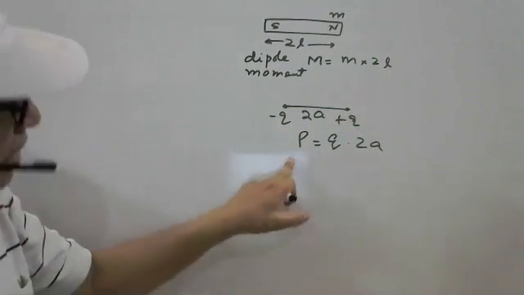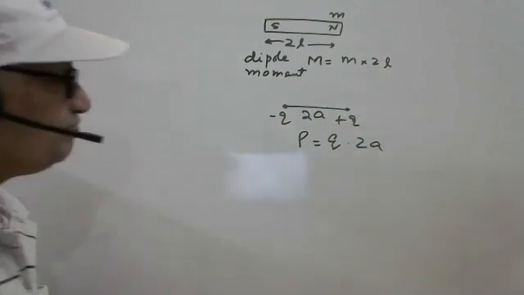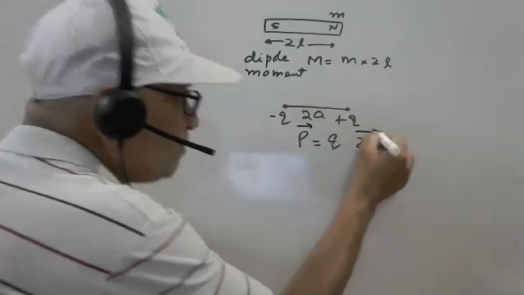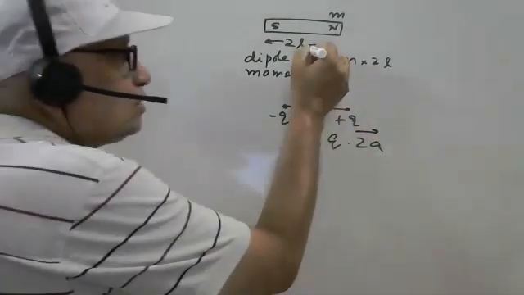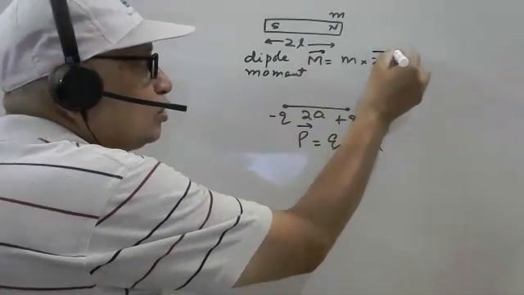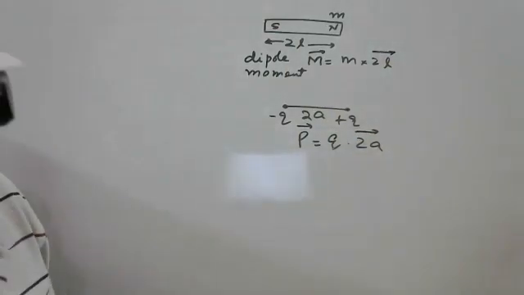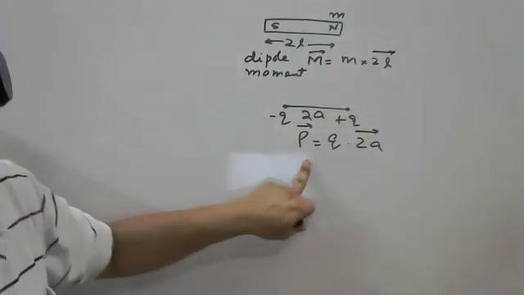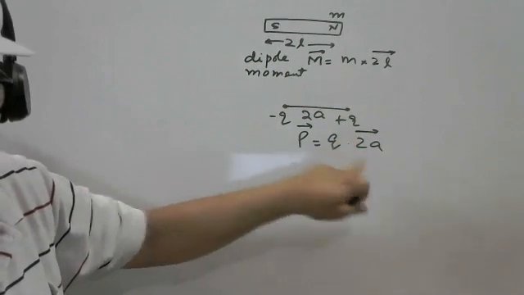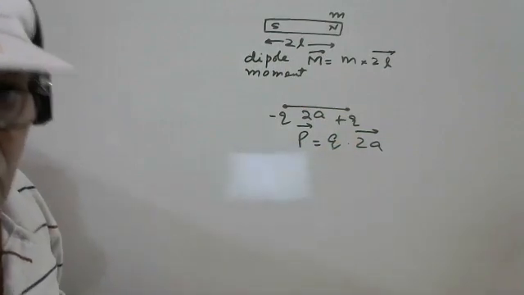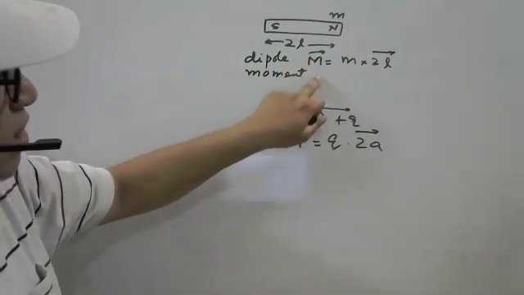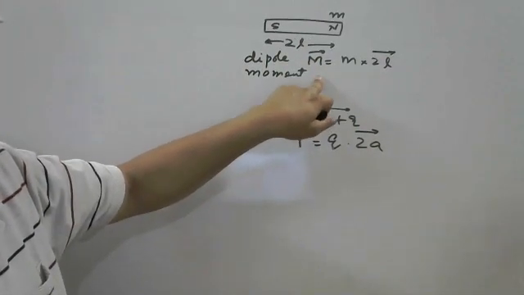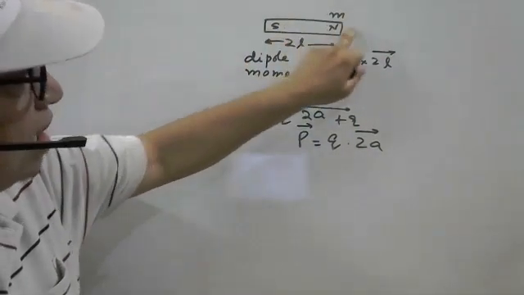The dipole moment P is a vector quantity. Just like here also, M is a vector quantity, and 2l is also a vector quantity. Now the direction of P is from negative charge to positive charge, so here the dipole moment direction in magnetism is from south pole to north pole.